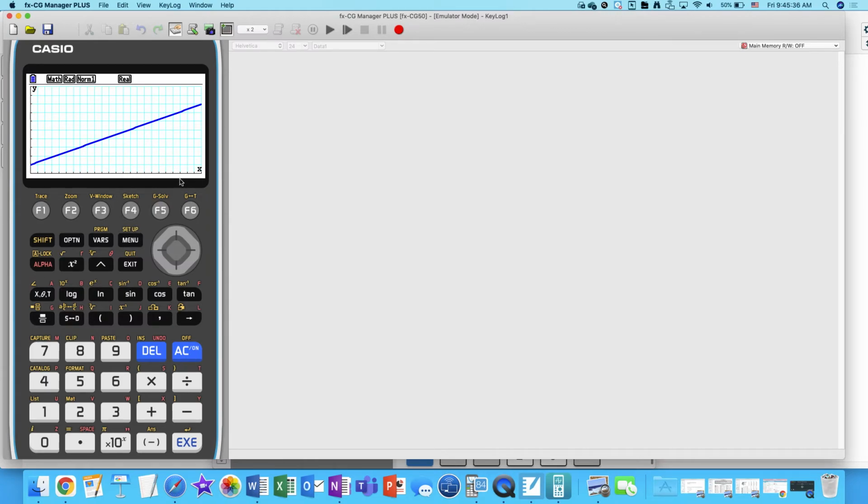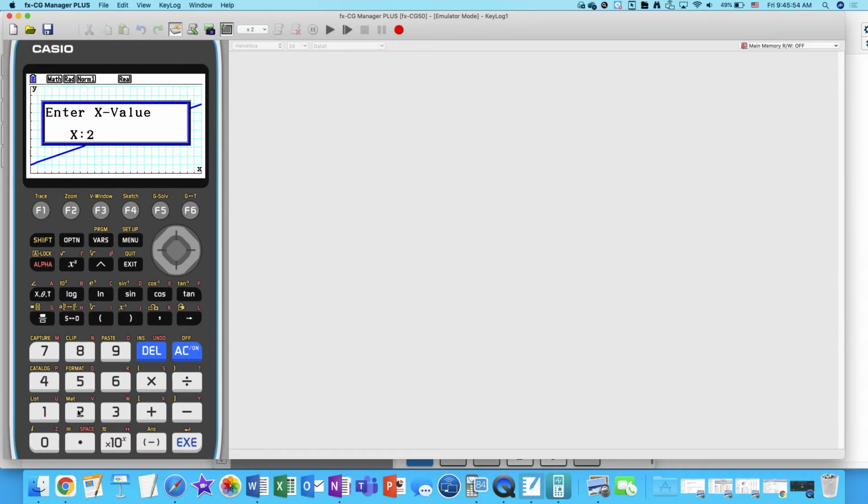Okay, on this guy, you can go to GSolve again. Now you want to go all the way over here. And what we want is a Y calculation. We want to know what the cost is. So we're going to press F1, and then you can enter in your X value, which is 23. Okay, and it'll give you 766.